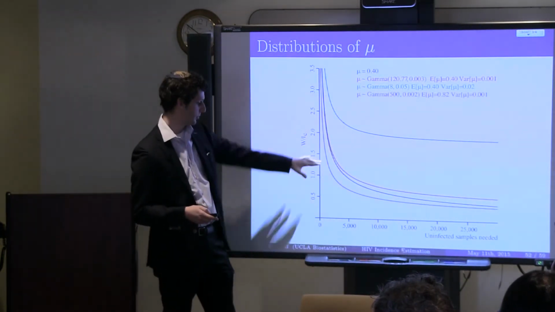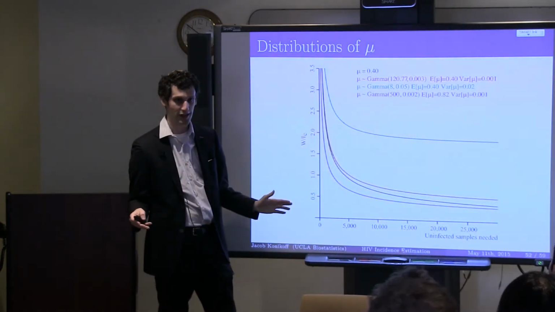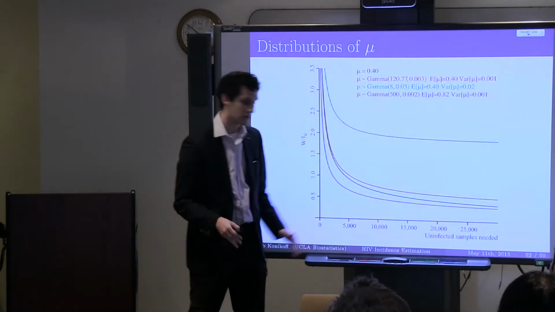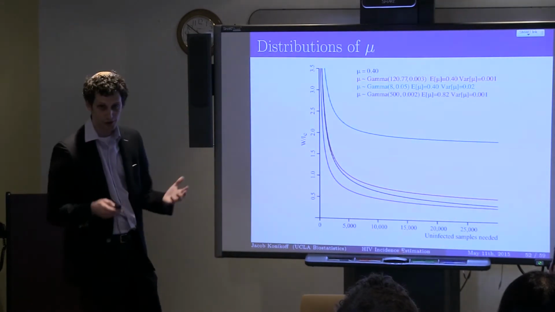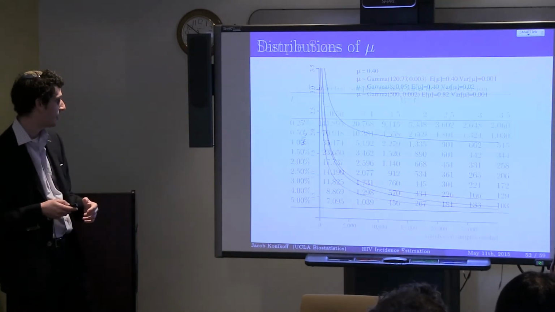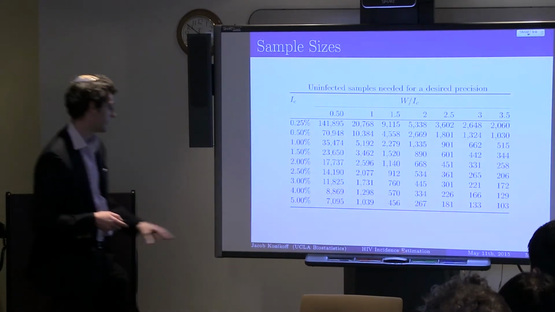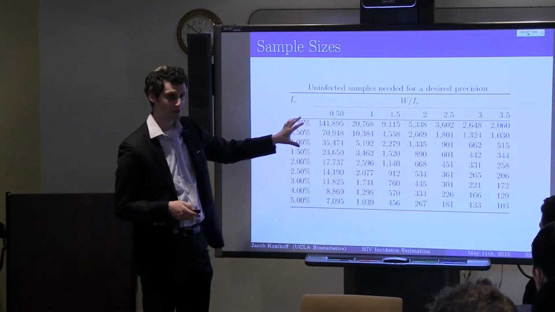If you put in this blue curve, you can see that you have lower sample sizes across the board. And that was just doubling mu. Some of these are kind of hard to see because these asymptote, but these make very big differences. So just having a longer mu really goes a long way. Here's some actual calculations for the MAA1. You can see that if the incidence is low, these are absurdly high sample sizes you need.